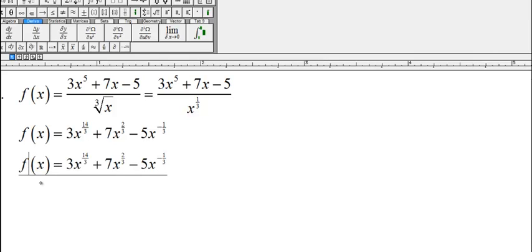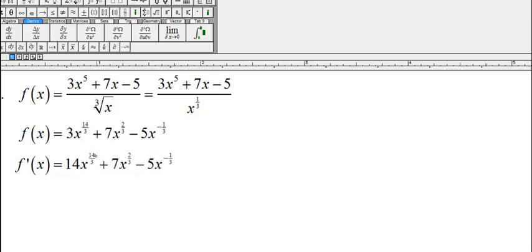So if we want to find the derivative, now we can just apply our little rule for the sum of power functions. So we take the 14/3 times 3, which is 14.